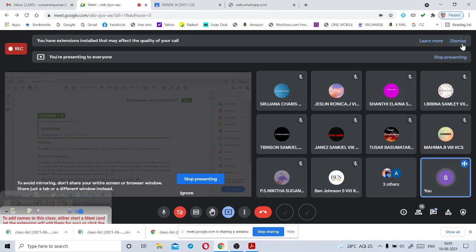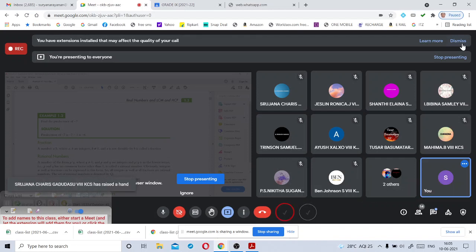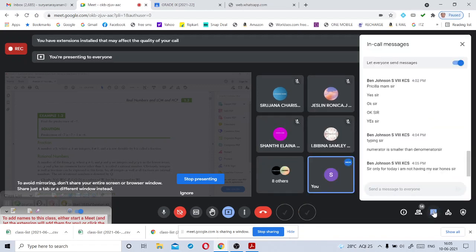Not only bigger. Once you think about that definition, just wait, my dear Shanti. Just think about proper fraction and improper fraction one more time.